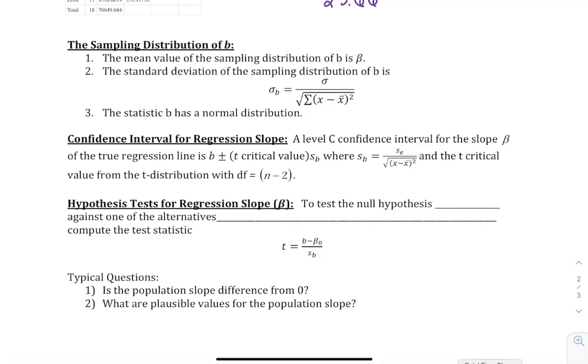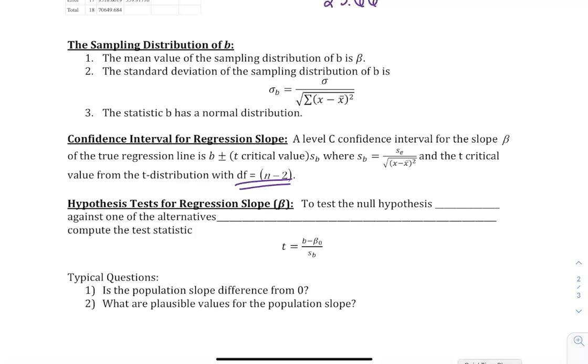Now, we can do a confidence interval and hypothesis test for our regression slope. The confidence interval is going to be set up very much like the way that we set up our confidence intervals for means, because we're going to take our estimate B, and then we're going to add and subtract from the t-distribution. However, this time the t-distribution has the degrees of freedom n-2.